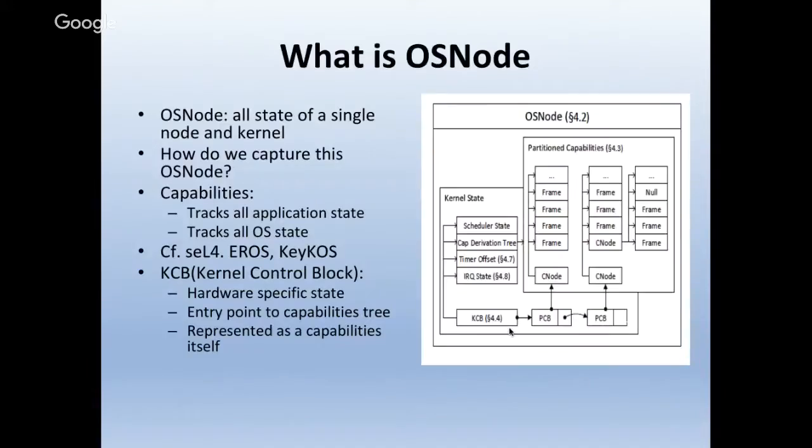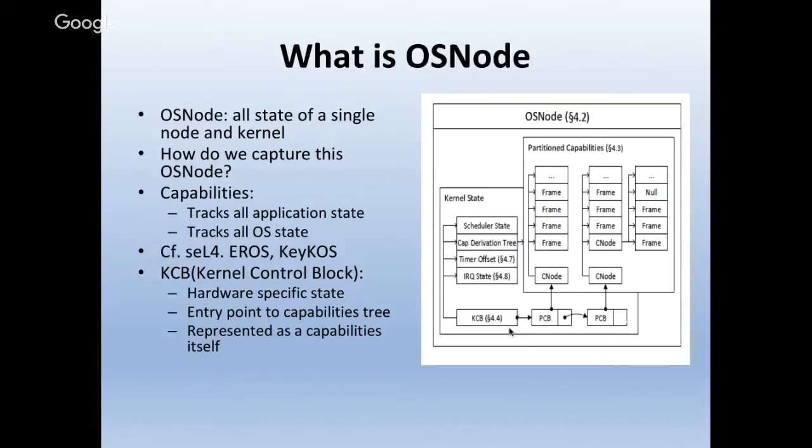And we should pay attention: what is the OS node, and how do we capture this OS node? This is typically not clear in an OS. Per-core state is not explicitly defined and typically has many different data structures.